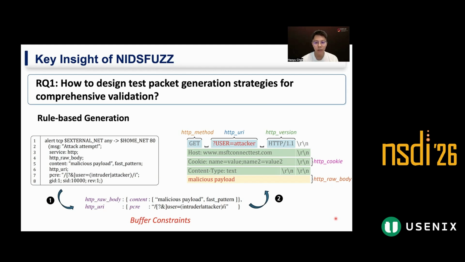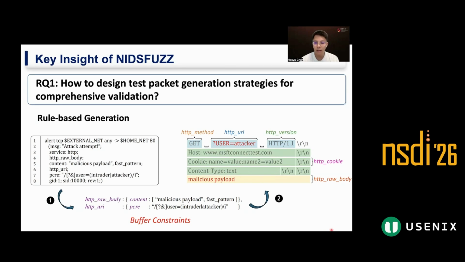Our key insight here is to make the generation rule-based rather than protocol-based. Specifically, we take the deployed rule set as input. It parses each rule and extracts the signatures that describe suspicious traffic.